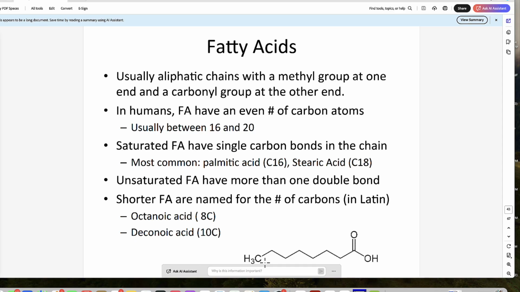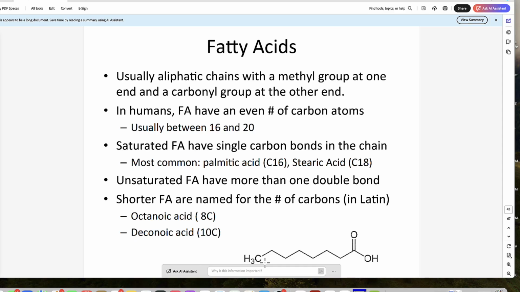Unsaturated fatty acids have one or more double bonds. With unsaturated fatty acids, I want you to think about how they differ from saturated fatty acids. Now, some shorter fatty acid names are based off the number of carbons. Octanoic acid has 8 carbons, oct in front of it. Decanoic, dec is 10, so it has 10 carbons in it.